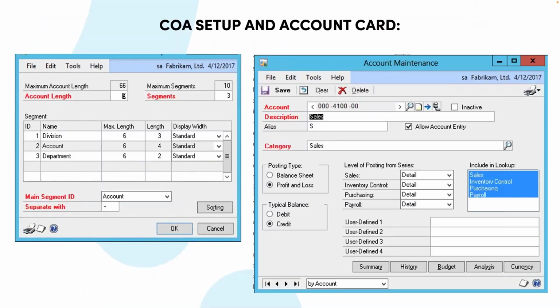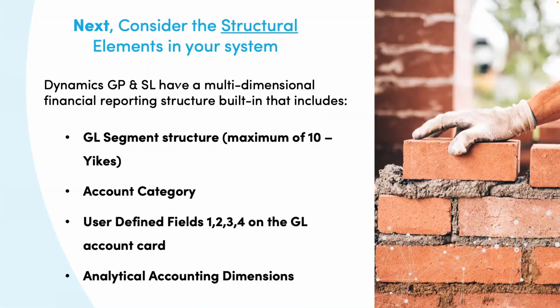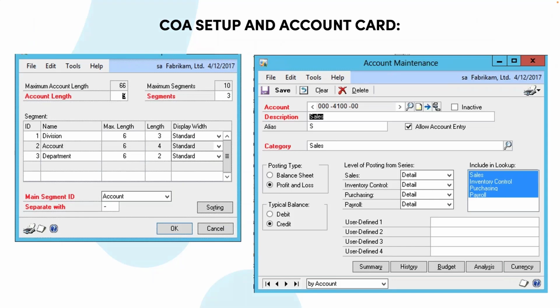Okay, and usually what we'll do is we'll see 3 or 4 core reporting dimensions, maybe 5. 10 would be too many. We put some stuff in here on the GP side. Again, all the products have this, but here we're looking at one where we have 3 segments: division, account, department.